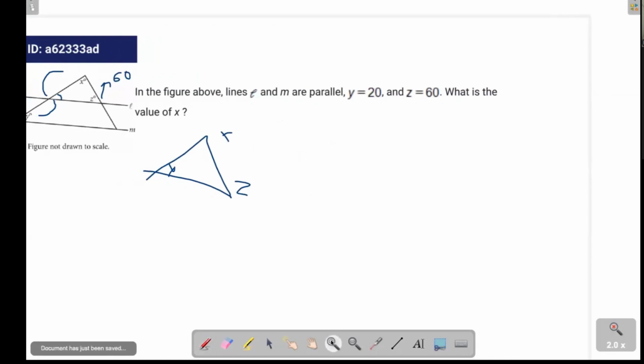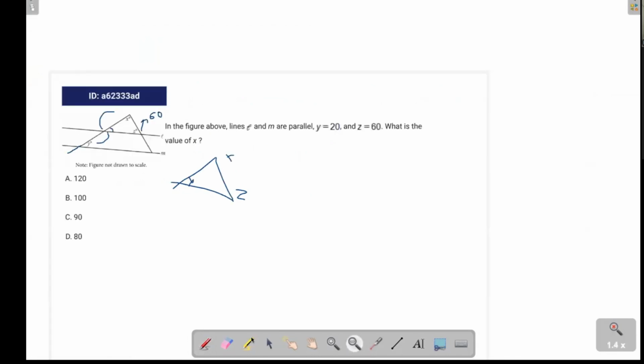And let me zoom out just to make it easier to see. From there, we know the interior angles of a triangle all add up to 180, meaning 180 is going to equal X plus Y plus Z. But Y and Z are equal to 20 and 60.